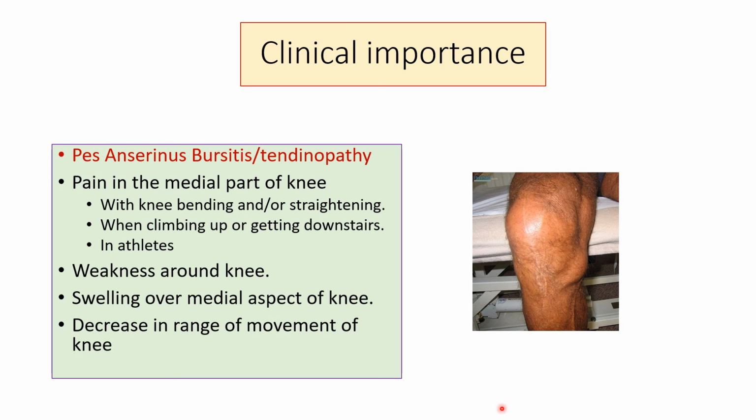There will be weakness around the knee, swelling over the medial aspect of the knee, and decreased range of movements of the knee. Hope you understood about the pes anserinus and its clinical importance.